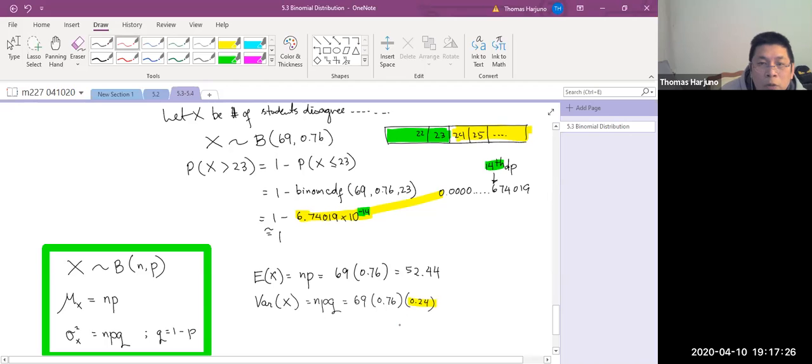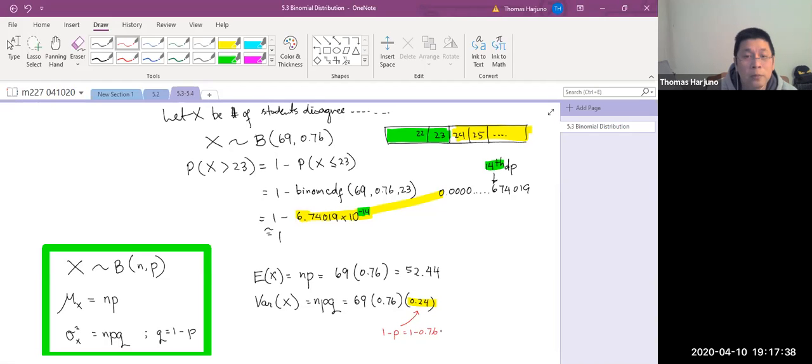That 0.24 comes from 1 minus p, 1 minus 0.76. Which, when we compute, we get 12.5856.